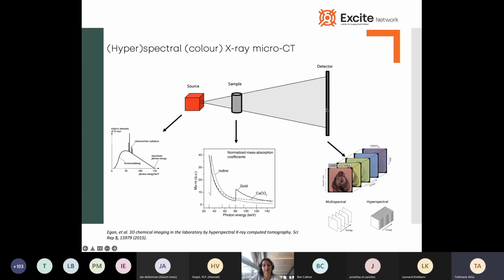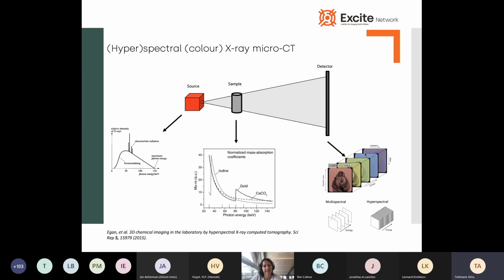So if you look at the setup here, you also have a source, you have your sample, but you use another detector, with which you can get chemical information. And this is referred to in the literature as hyperspectral X-ray micro-CT or color X-ray CT.